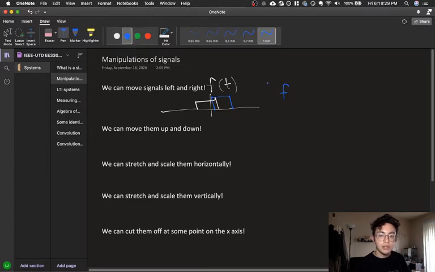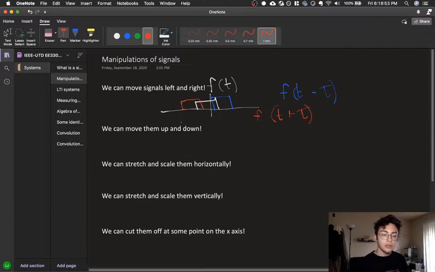We can move it to the right by going t minus tau, where tau is some constant, and we can move it correspondingly to the left by saying f of t plus tau, where tau is some constant. So we can move it back and forth.